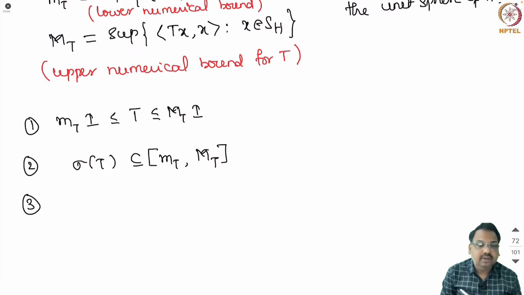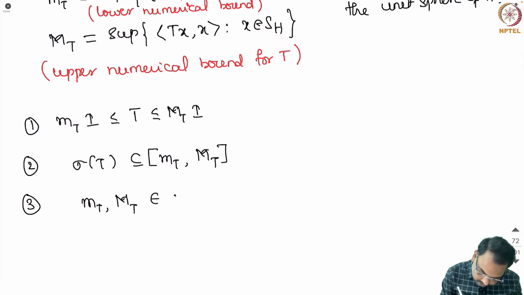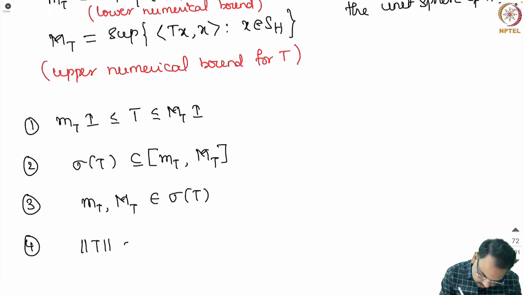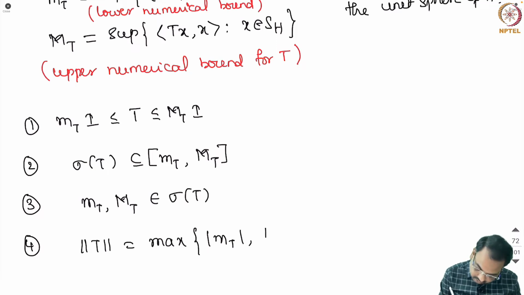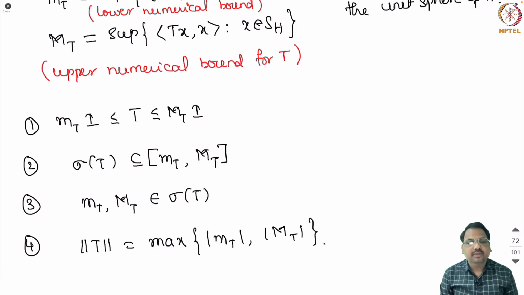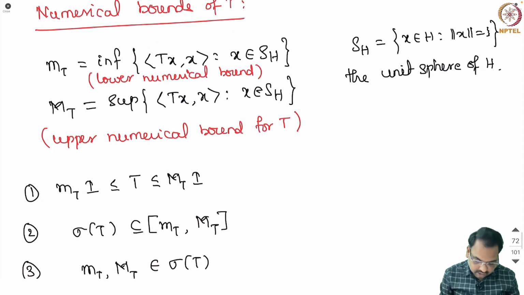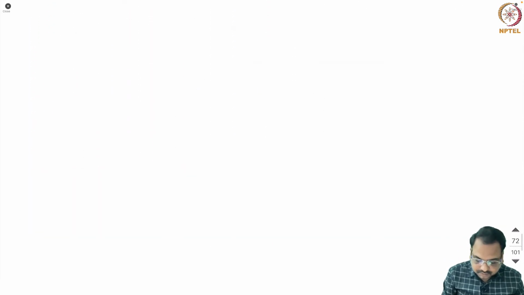The third property is that the lower numerical bound and the upper numerical bound are in the spectrum of T. And the fourth is that the norm of T is exactly the maximum of modulus of m_T and modulus of M_T. So these are a few facts about the lower and upper numerical bounds for T when T is self-adjoint.